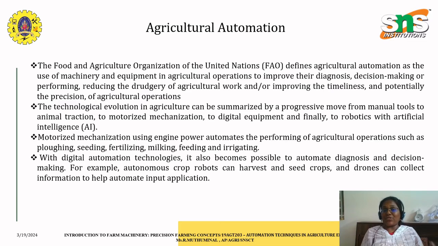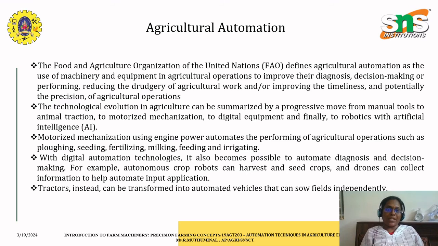So these are some fields which have been automated using digital equipment. Digital automation technologies have also made it possible to automate diagnosis and decision making. For example, autonomous crop robots can harvest and seed crops, and drones can collect information to help automate input application.